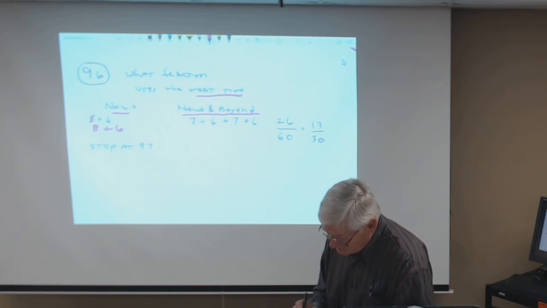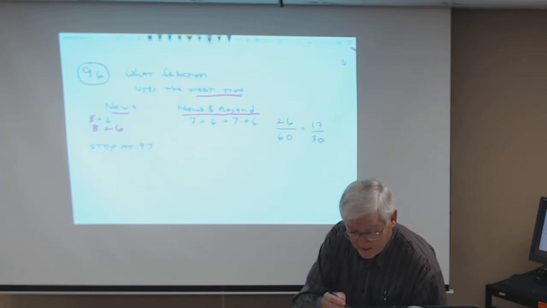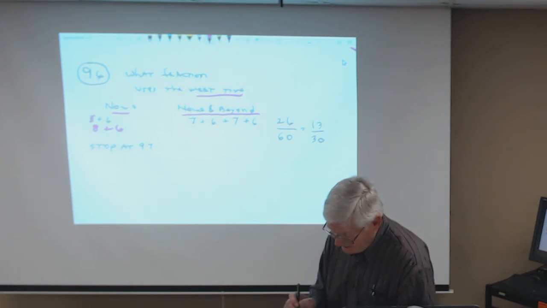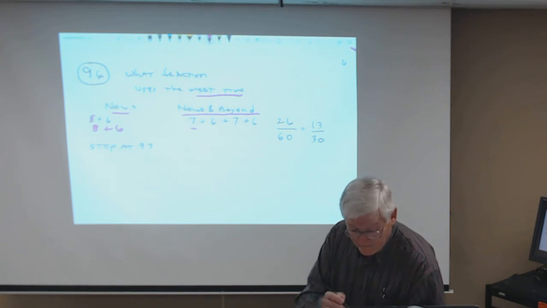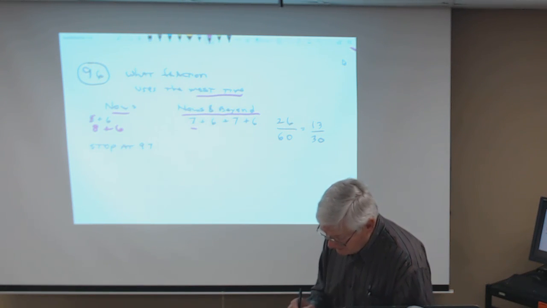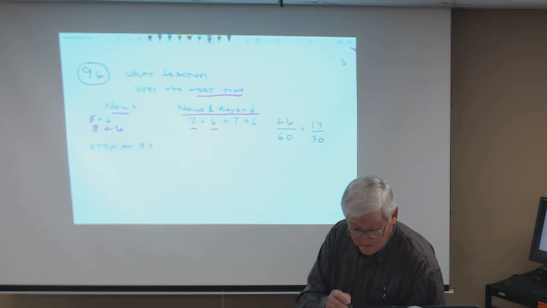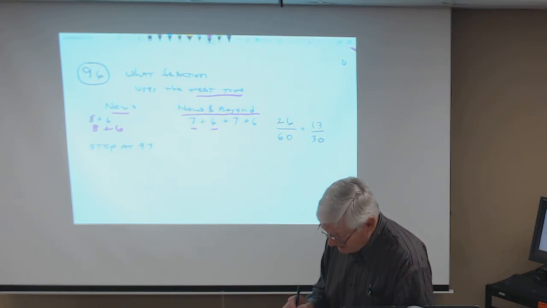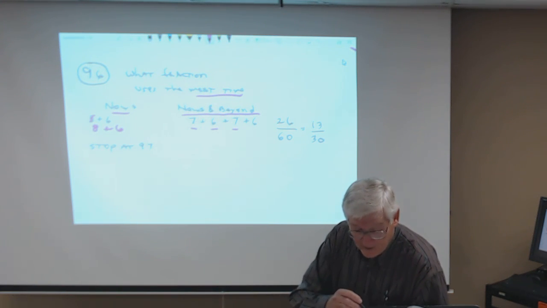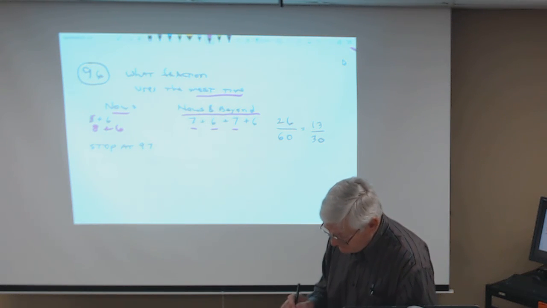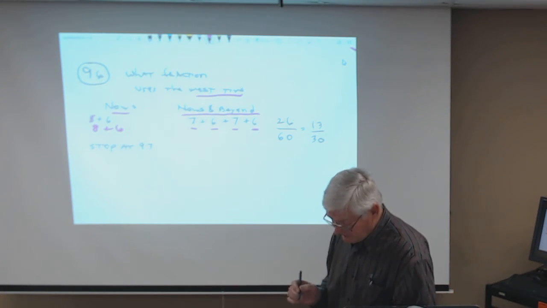Nope. But news and beyond, I come around, and that's from 12 to what? 19? That's 7. News and beyond, 23 to 29. That's 6. News and beyond, 42 to 49. That's 7. And news and beyond, 53 to 59. That's 6.